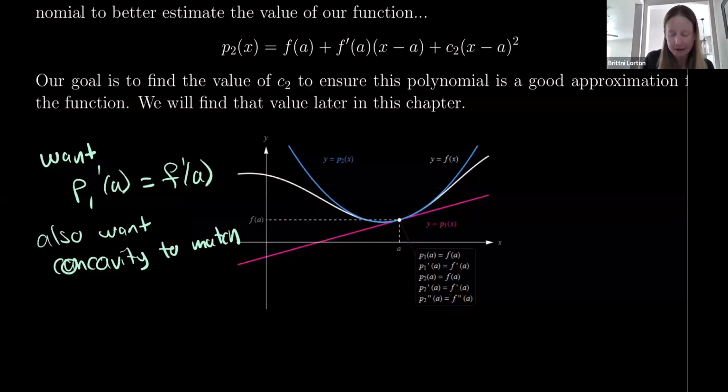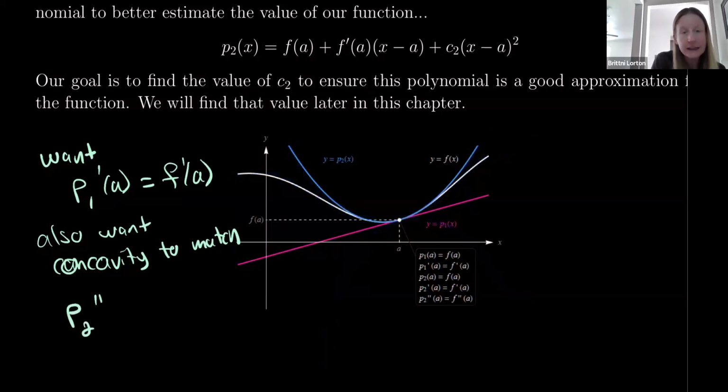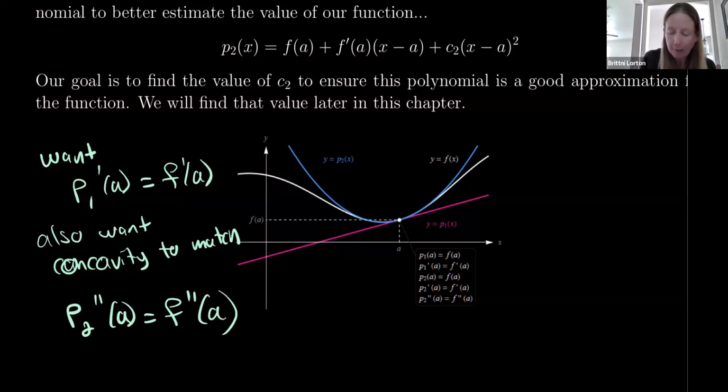So for this example on the screen, I want that quadratic to be an upside up parabola. I do not want an upside down parabola because in this particular case, the upside down parabola is not a good estimate of the function in question. So I want the second derivative, or their concavity, to also be the same.